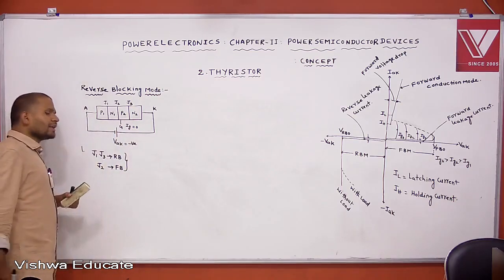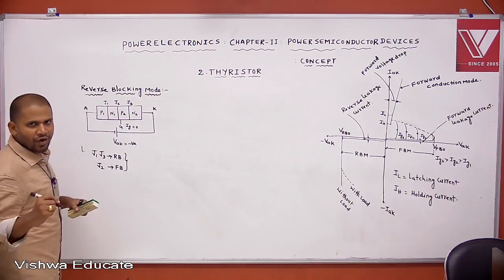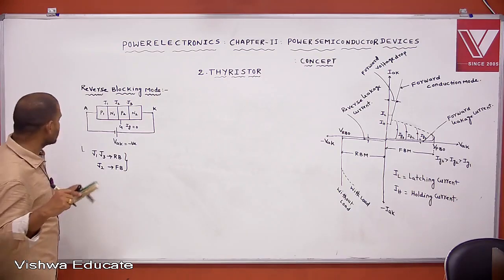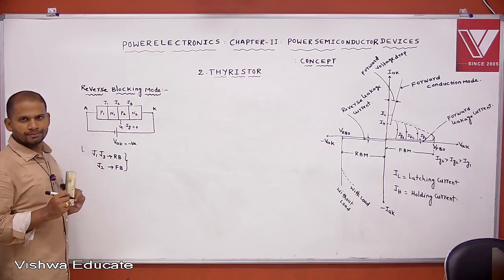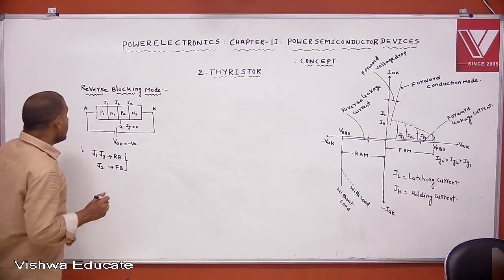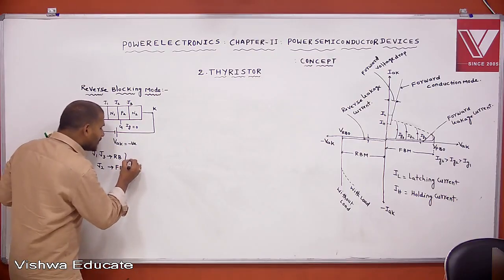Under reverse blocking mode of operation, which junctions are forward bias and which junctions are reverse bias? J1, J3 are reverse bias and J2 is forward bias. Clear? The generalized statement is also given like this.